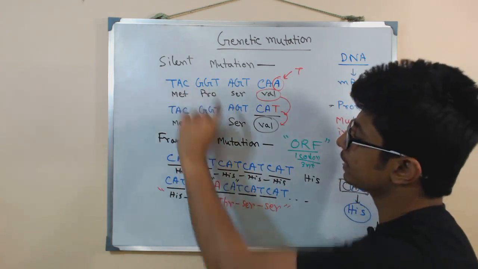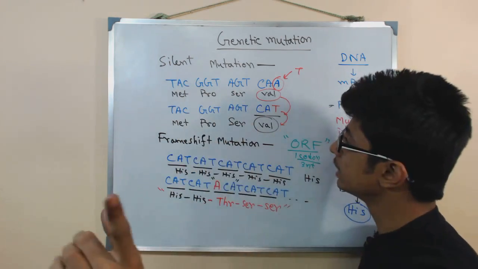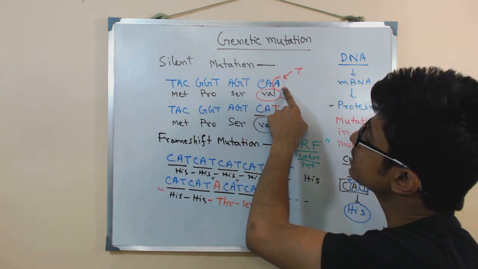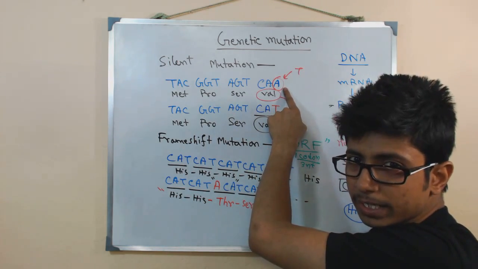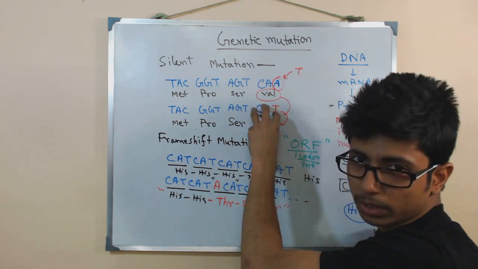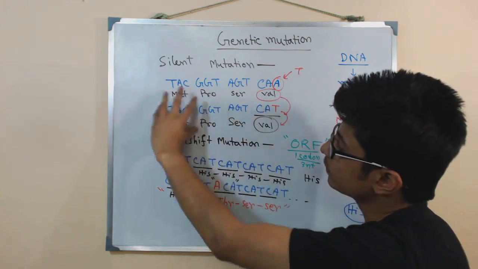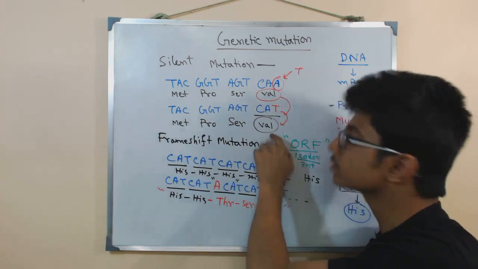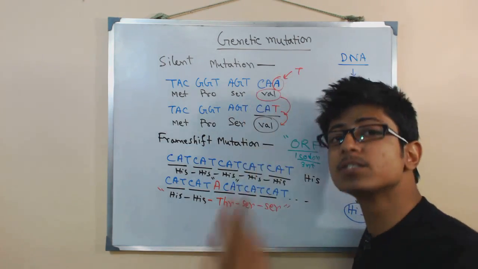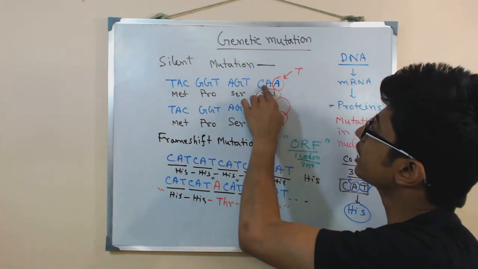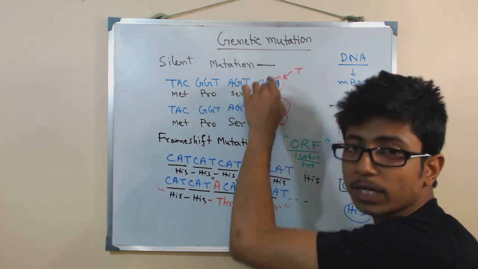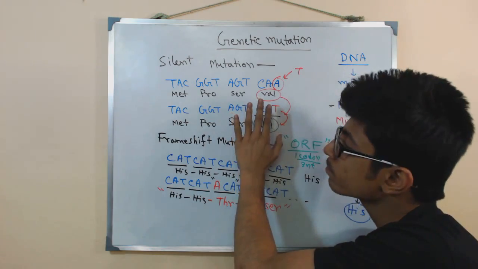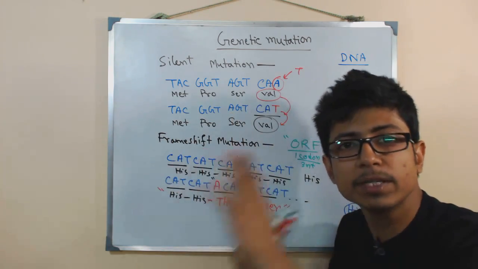Now I should compare this with silent mutation. You can see in silent, missense or nonsense, whatever it is, there is a change in a particular nucleotide. It will change that one only, but the rest of the nucleotides will remain the same. In silent mutation the amino acid remains the same. In missense or nonsense, the nucleotide changes, and it will change that amino acid only, and the rest of the amino acid frame remains the same.